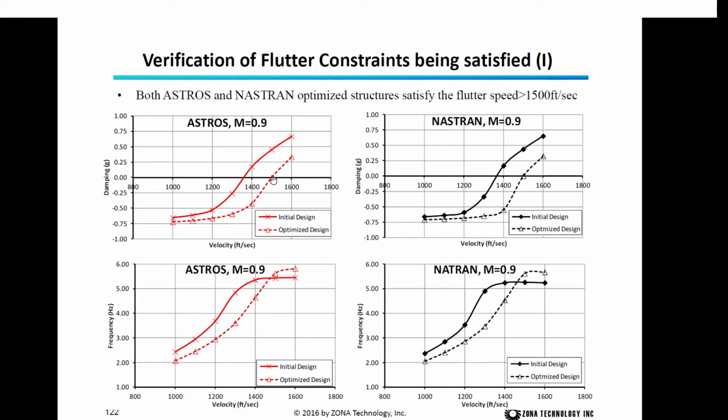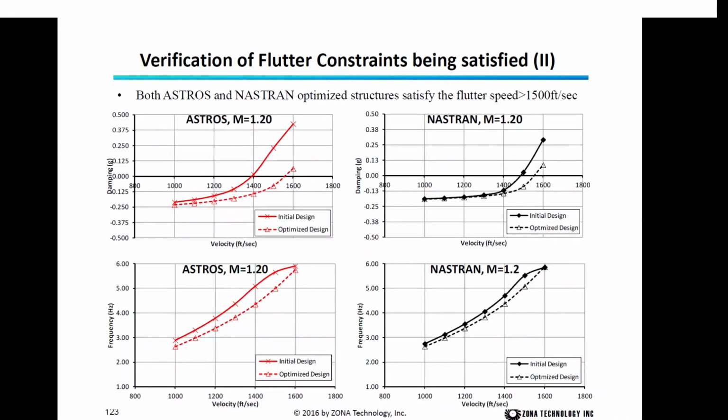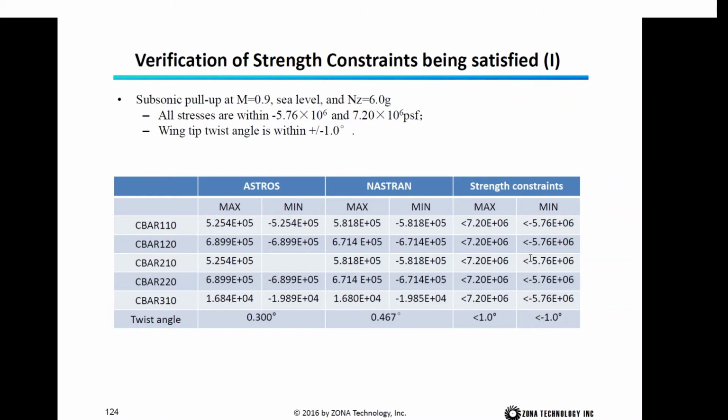Then you can see the throttle frequency is satisfied at 1500 feet per second. So it is satisfied. Okay. And Nastran also satisfies the 1500 feet per second throttle speed constraint, and this is the supersonic. So it also satisfies the 1500 feet per second constraint.